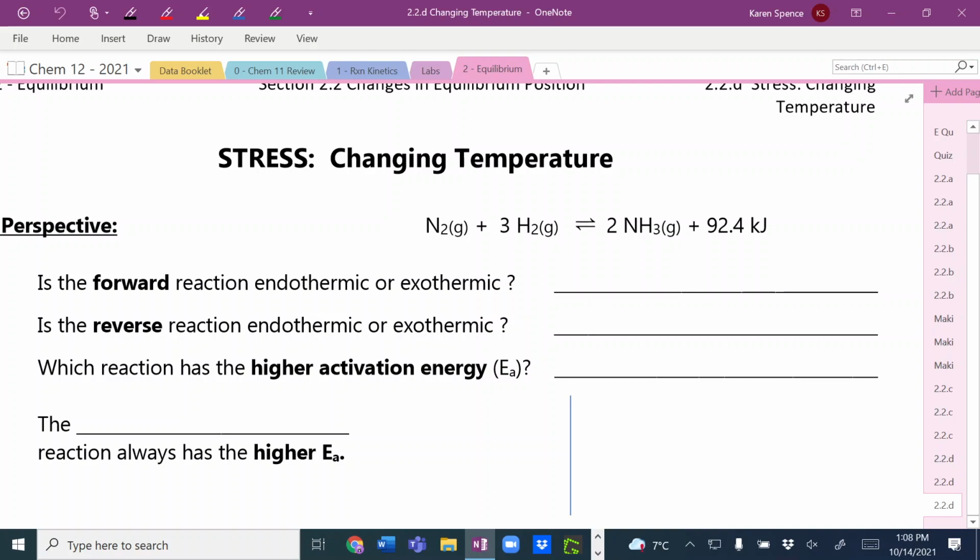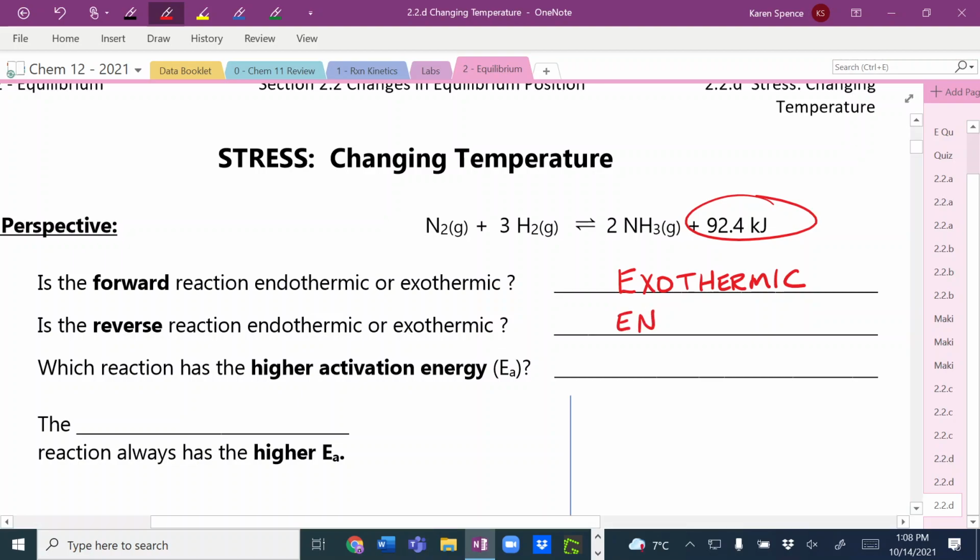Okay. Is the forward reaction endothermic or exothermic? Exothermic, because there's our heat term, so it is exothermic. Is the reverse reaction endothermic or exothermic? Endo.